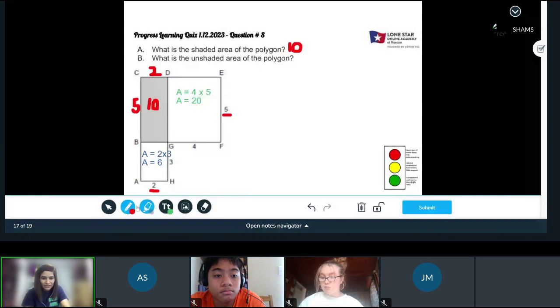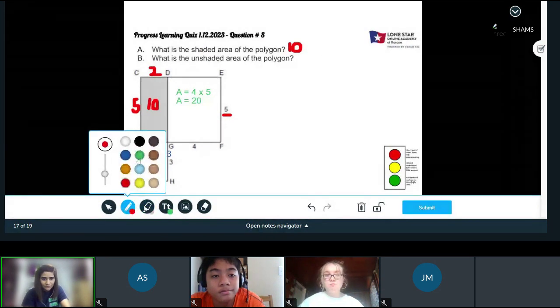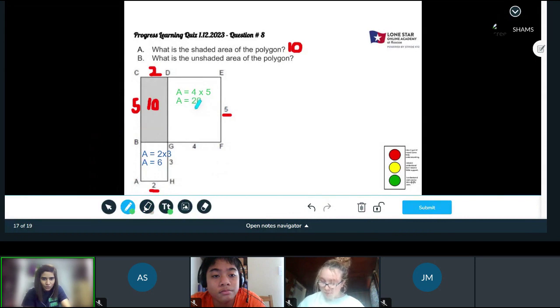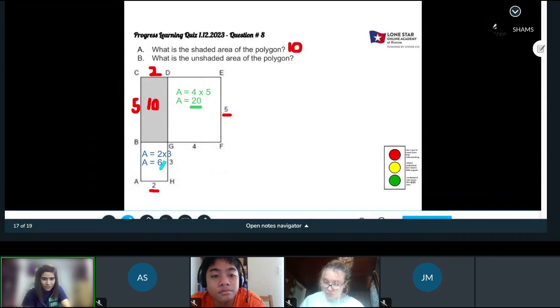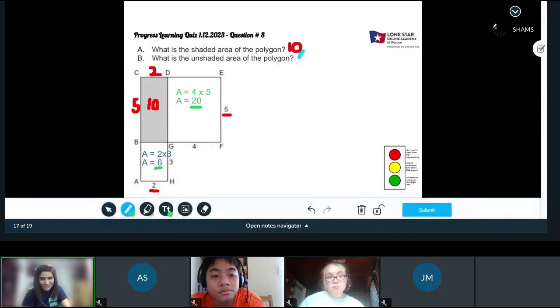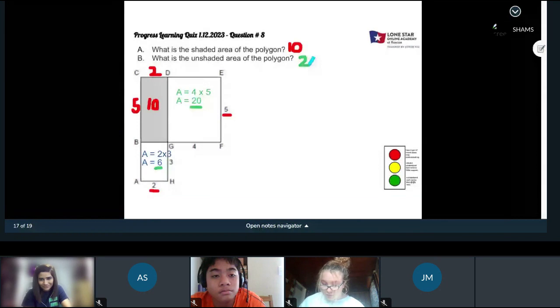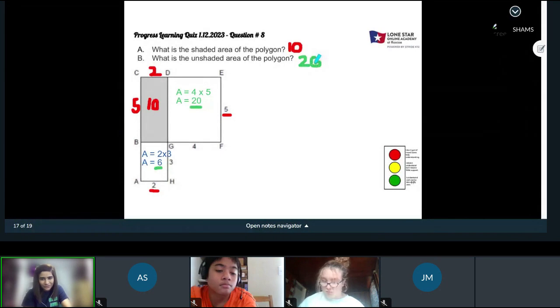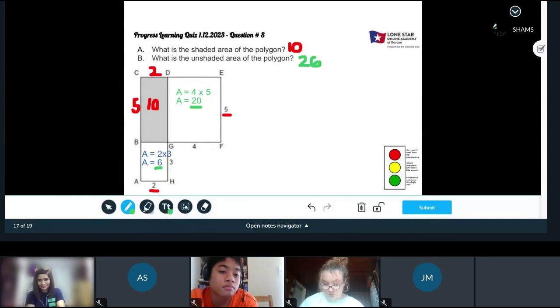The unshaded, that is white region, is 20 plus 6. White region is 26. People, are there any questions? Are there any questions? That makes sense? Let's go ahead and move on.